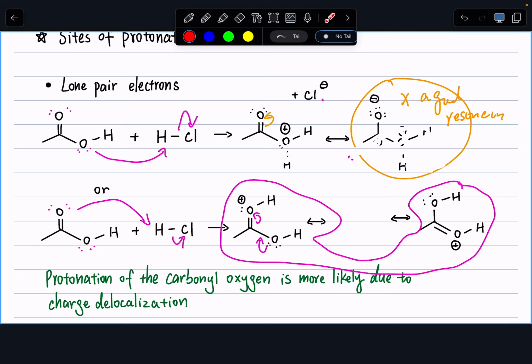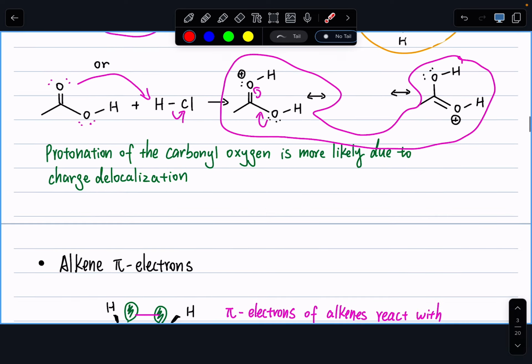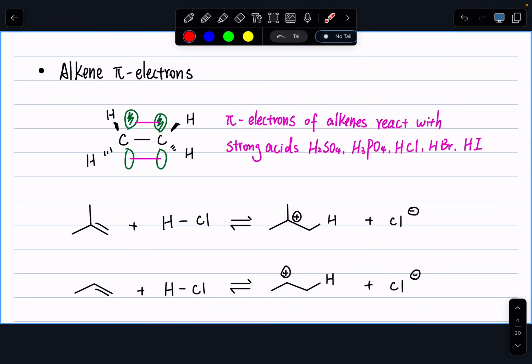All right, so on top of lone pairs, one more thing. Remember, alkene pi bonds can also act as nucleophiles. So in this case, we can do the same kind of arrow pushing as before. You start from a nucleophile and add it to an electrophile, right?